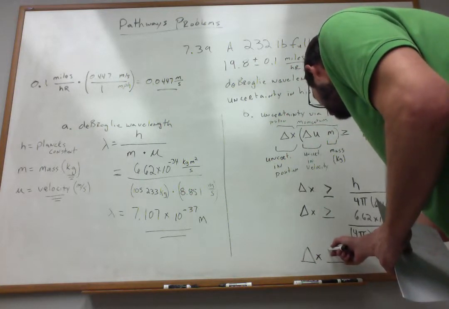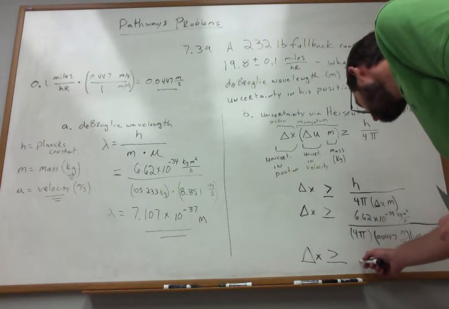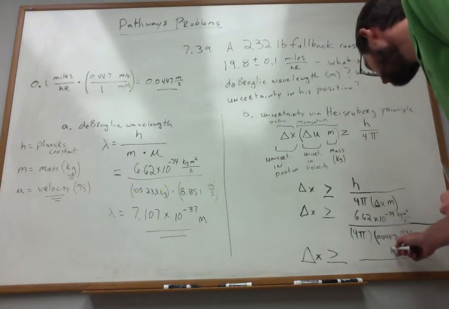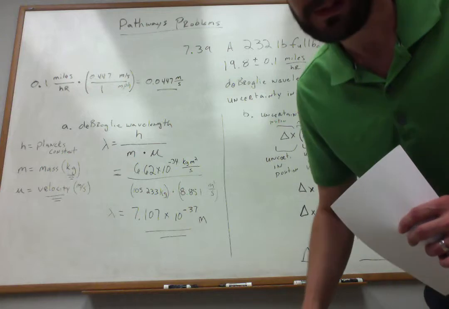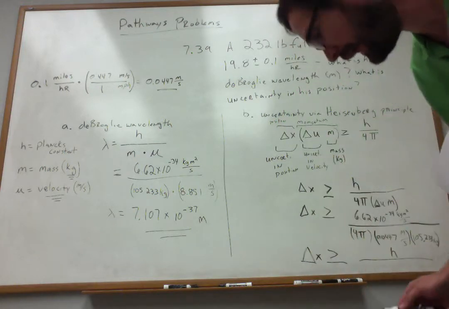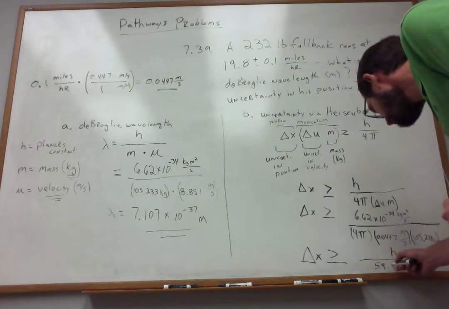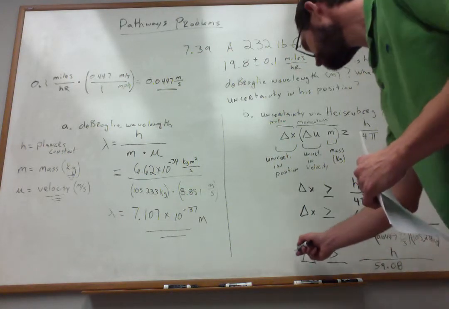So delta x has to be greater than or equal to h, which is this number in the numerator. I just went back to h for a second, so I don't have to write it again. And that's going to be divided by 59.08 is what I see here in the denominator. So h divided by 59.08.